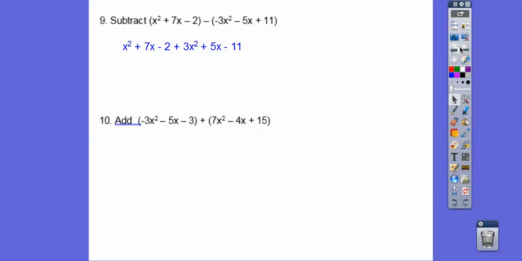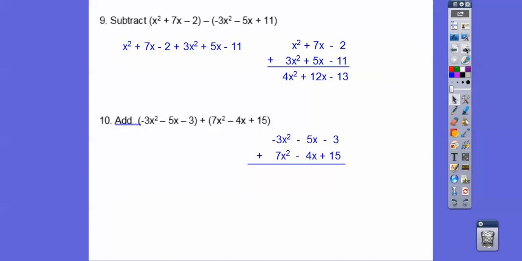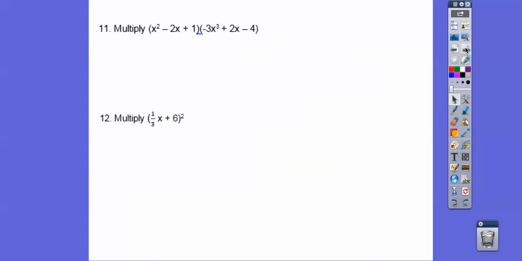If you line them up vertically, you can see the like terms a little bit easier. So here's 4x squared, 12x minus 13. Okay, easy. All right, and then these guys say add. So just put them vertically like that, and then line them up, and there you go.